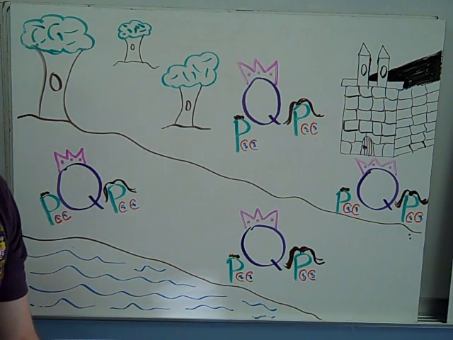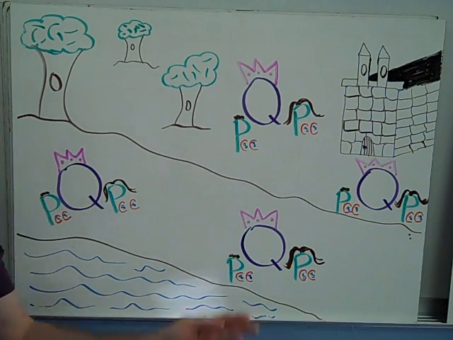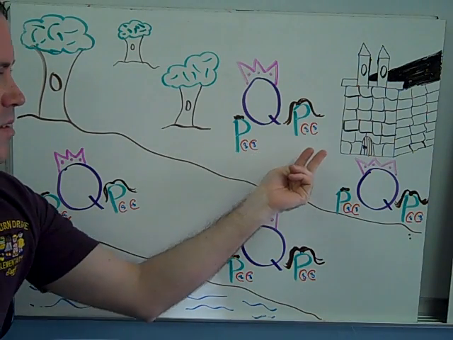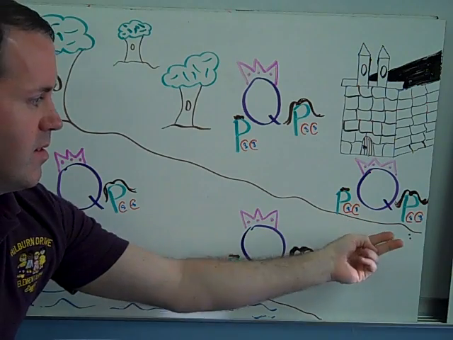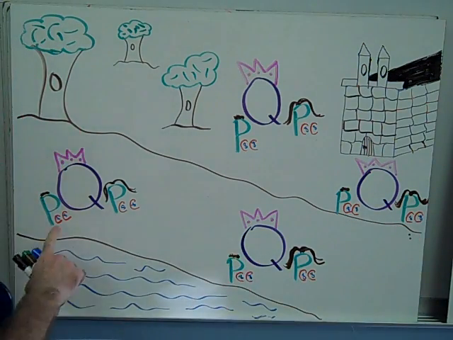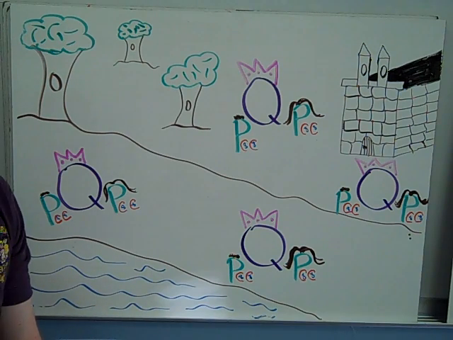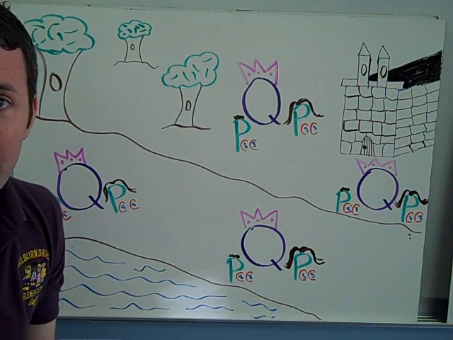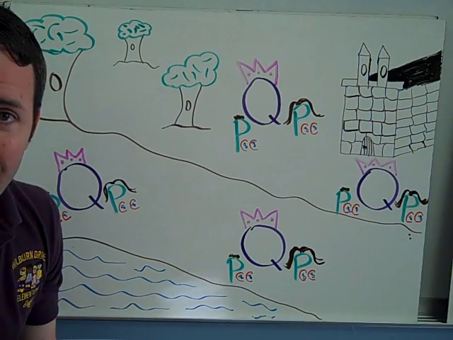Each prince and princess had 2 children. The children were twins. The twins were 8.